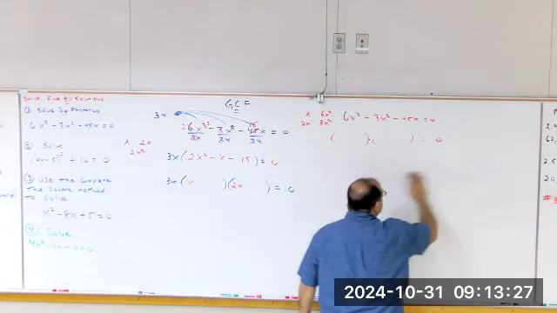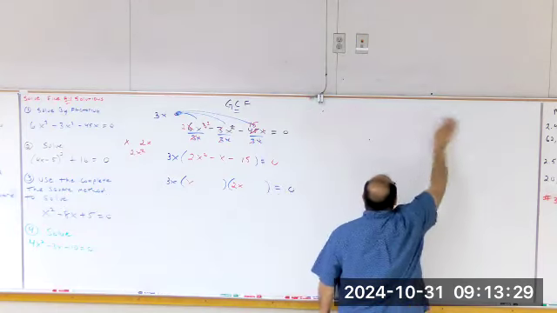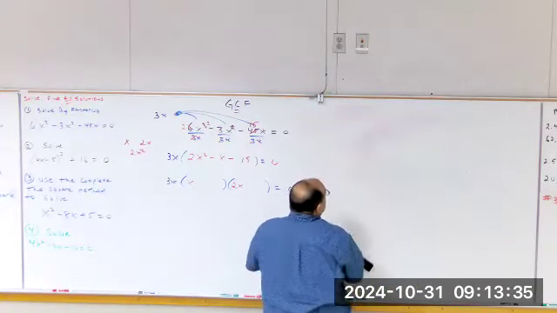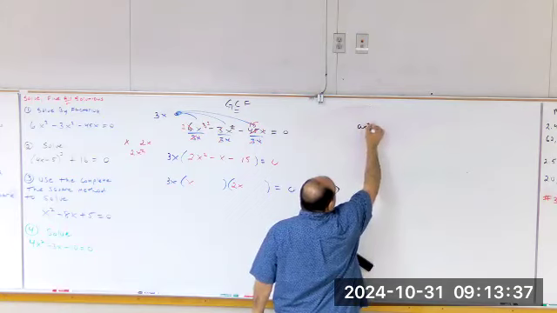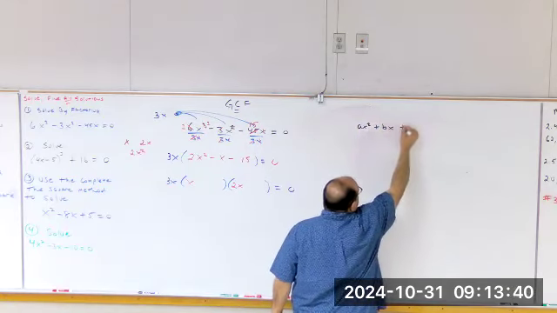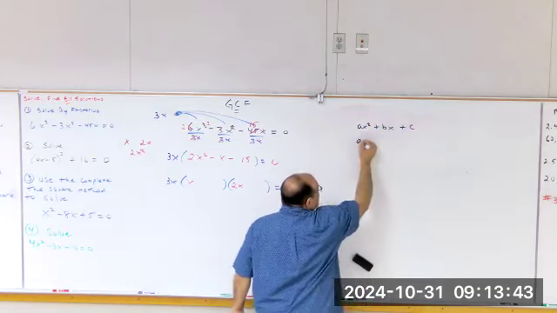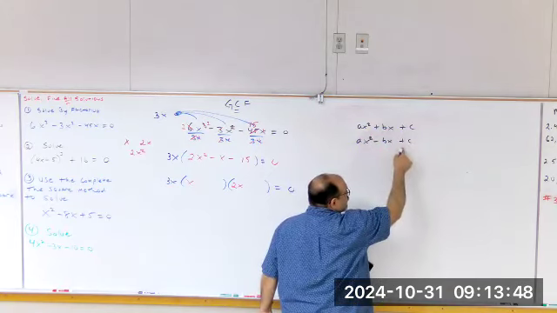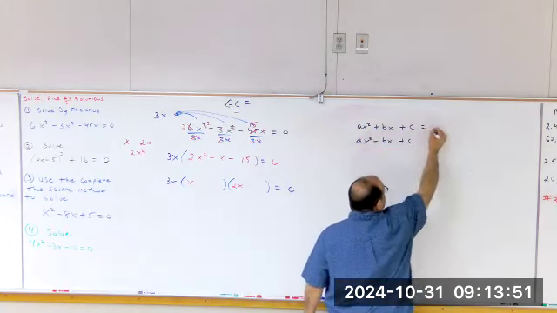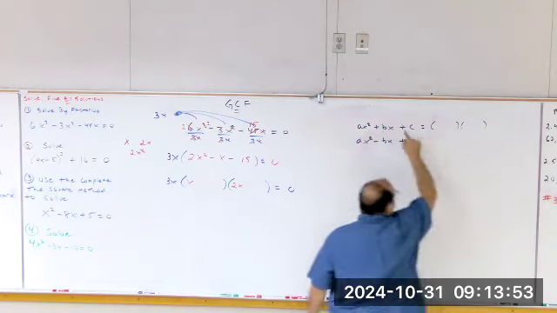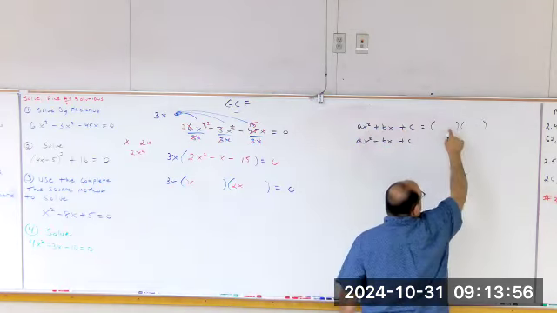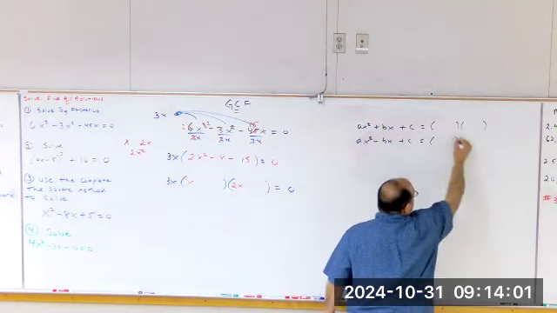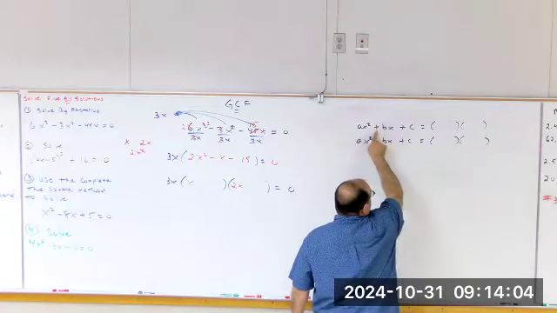And the way you deal with the signs, if we're factoring ax squared plus bx plus c, or ax squared minus bx plus c. If the last sign is a positive, then to make a positive, it has to be a positive times a positive or a negative times a negative. So what determines what? The middle.